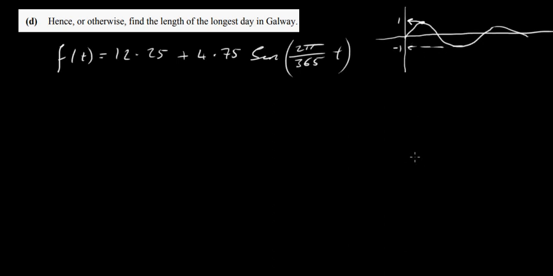So this sine part of our function will be at a maximum at 1. So in other words, what we're looking at here is 12.25 plus 4.75 times 1. The maximum that this can be is 1. So that will just give me an answer of 17 hours. So the length of the longest day in Galway is 17 hours.